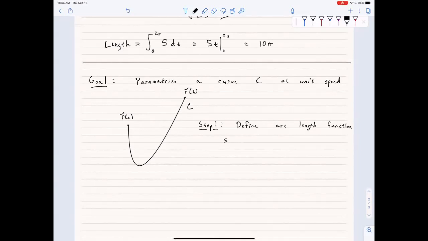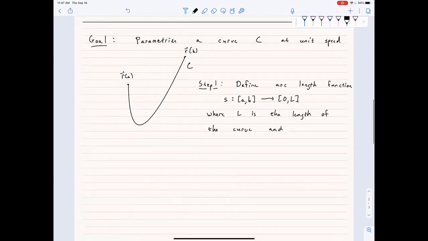It's going to be a function s which takes the domain [a, b] and returns a range equal to [0, L], where L is the length of the curve. And we have a formula for it, based on what we just learned.